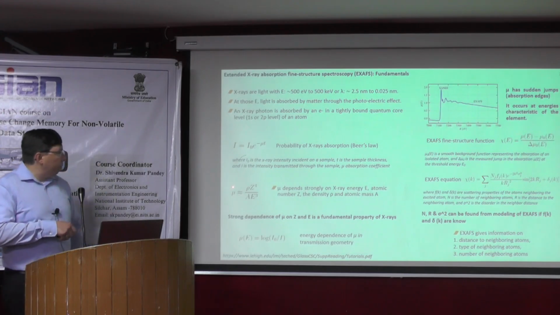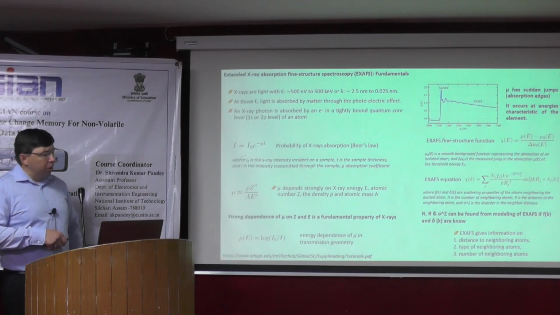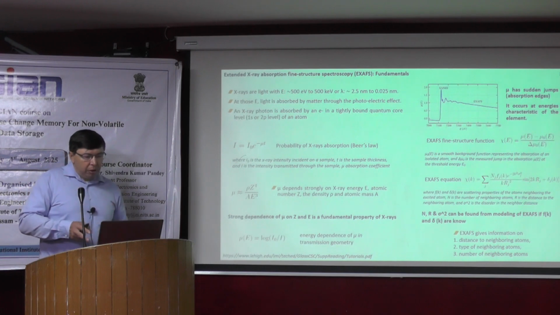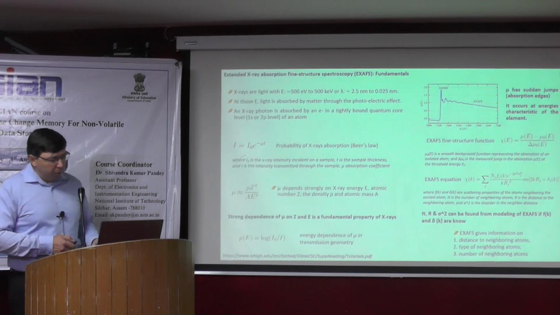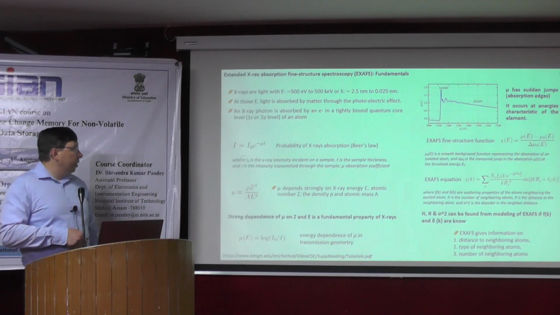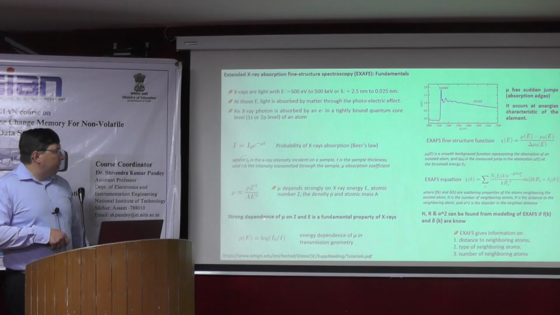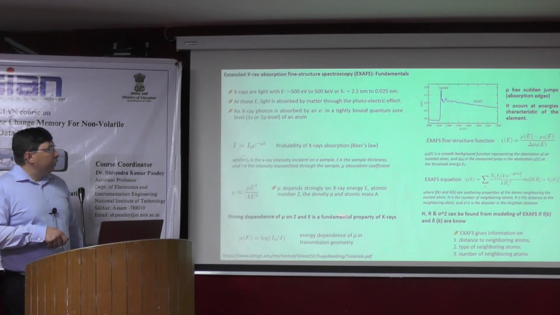So what you can see from this absorption coefficient is that we can distinguish the types of atoms in the material. And so mu is also dependent on Z and E, and this is the fundamental property of X-rays.